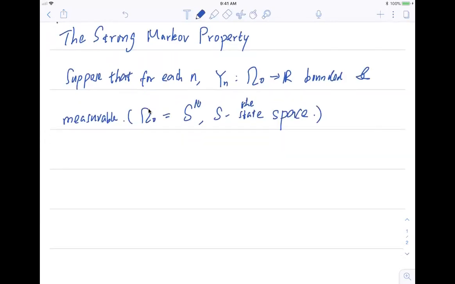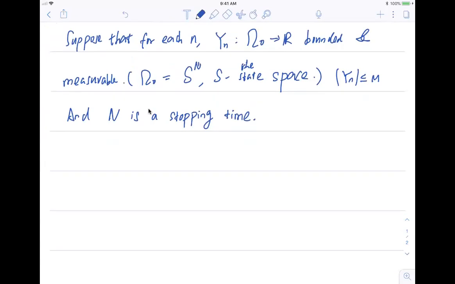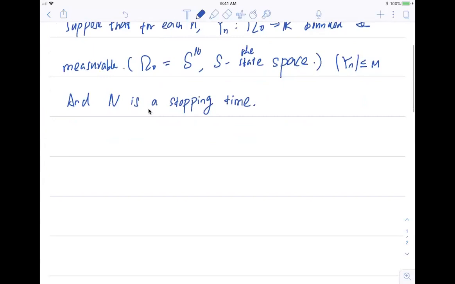Also we have a stopping time N. We don't need the assumption that N is almost surely finite, because our conclusion is on the set where the stopping time is finite.